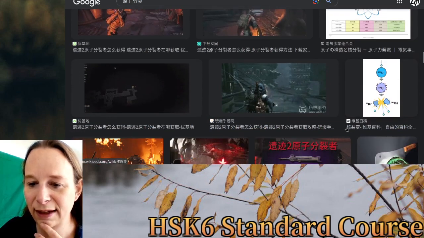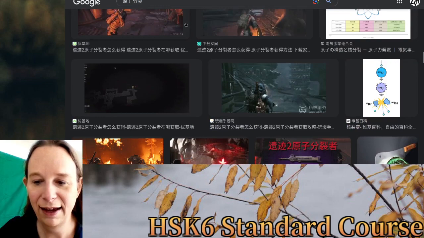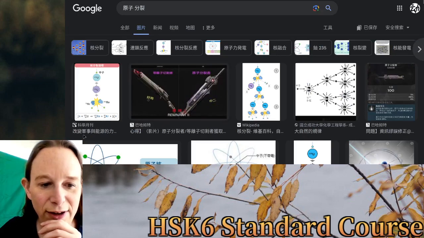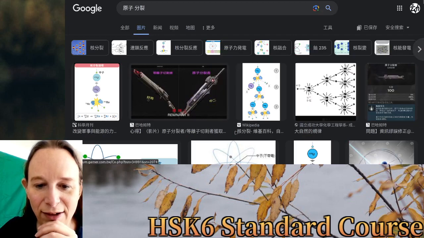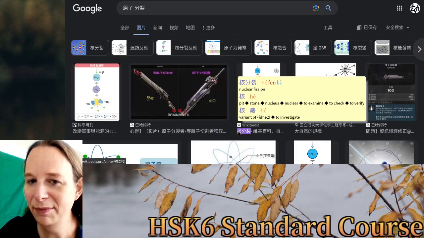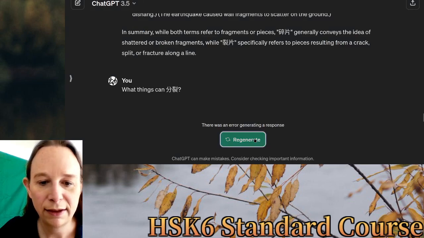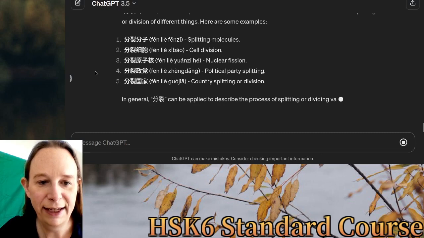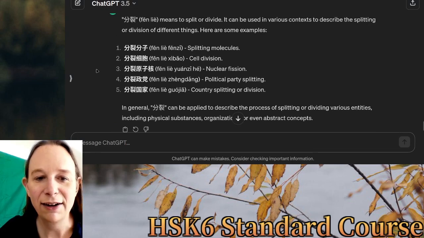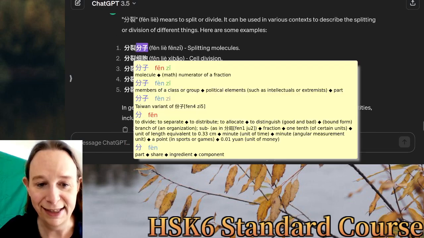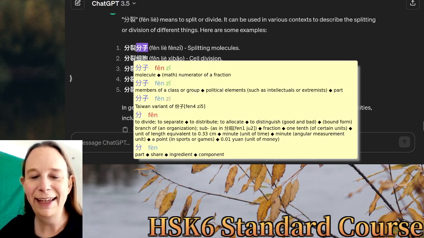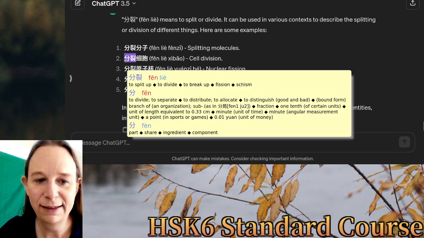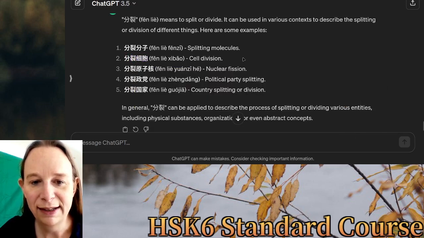Okay, here we go. 核裂变. Also 核裂变, 核分裂 seem to be the same thing. What things can 分裂? 分裂分子, splitting molecules, maybe through chemical reactions. 分裂细胞, cell division.